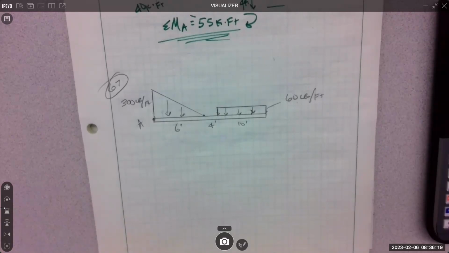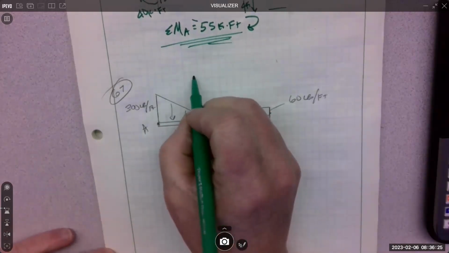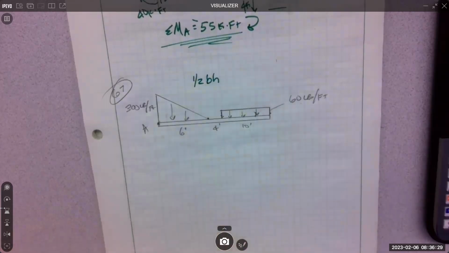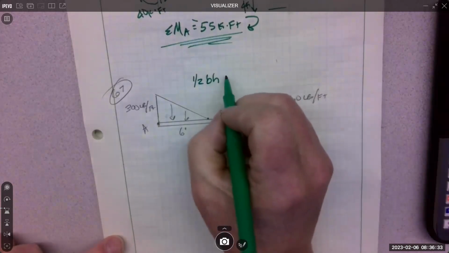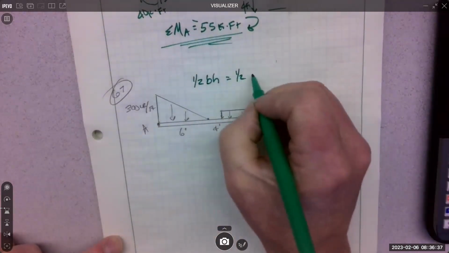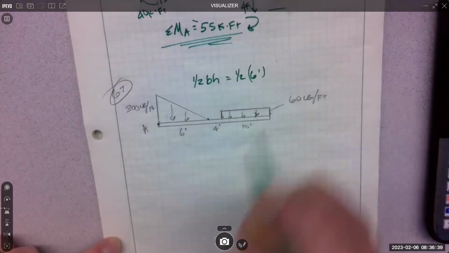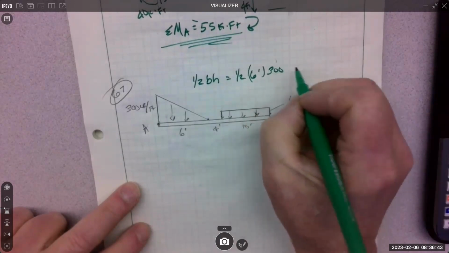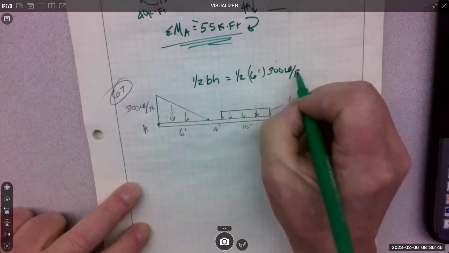So I think area of a triangle was, is it 1.5 times 300? It's 1/2 base times height. Yep. So that's the area of a triangle. So 1/2, the base I have at 6 foot. You can do this in any order because it's multiplication. And then the height at 300 pounds per foot.